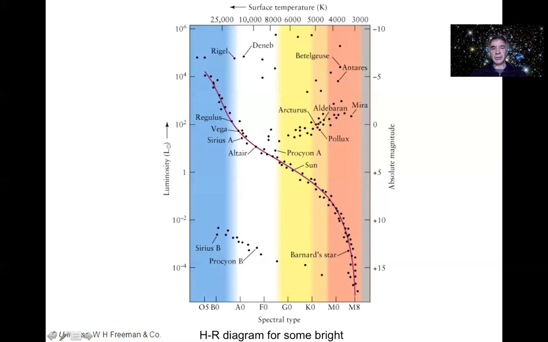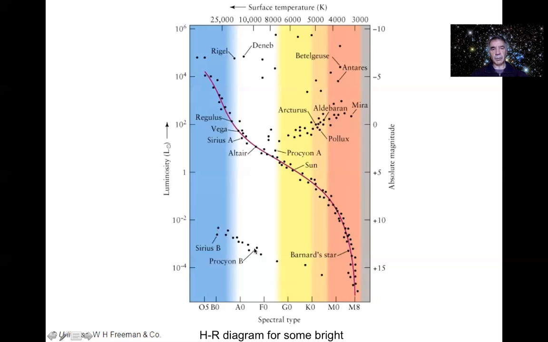Then you've got other regions of this diagram where there are quite a lot of stars populating as well. There's a clear grouping of stars over here, which are red and reasonably luminous, certainly more luminous than these ones. You've got another bunch of stars scattered all across the top of the diagram, so all very luminous. And then you've got another little locus of points here, forming a straight line pretty much down here.